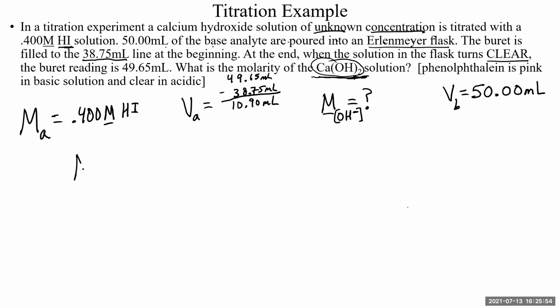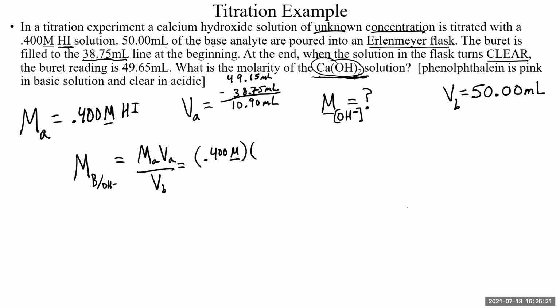So our molarity of base, i.e. hydroxide ion, is going to equal MaVa divided by Vb. This part is all the same, right? MaVa over Vb. So we plug in our numbers. Molarity of acid is 0.4 molar, hydroiodic acid. Volume of acid is 10.9.